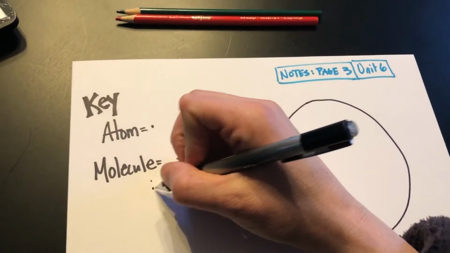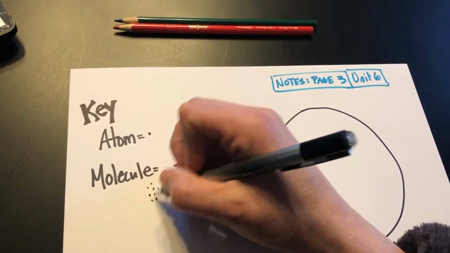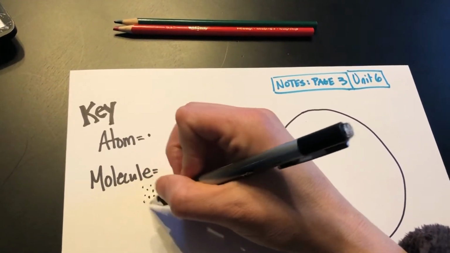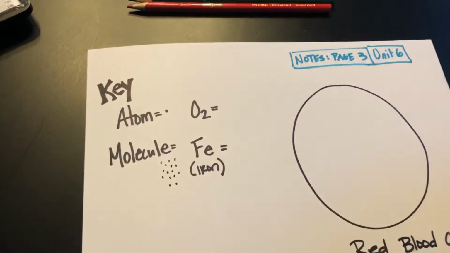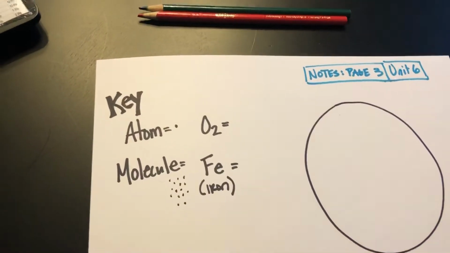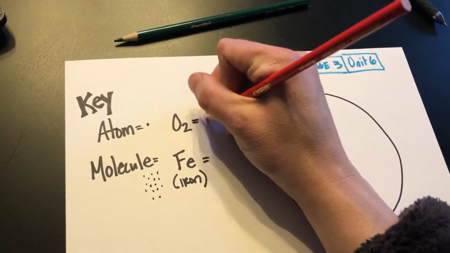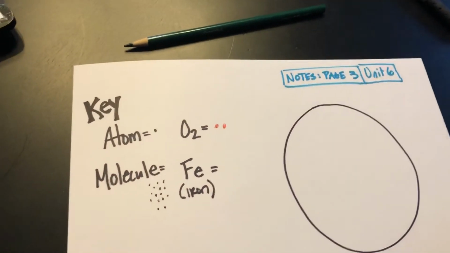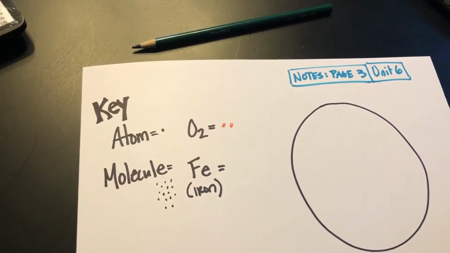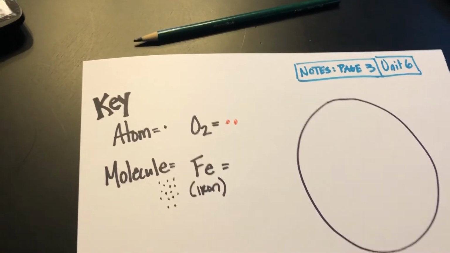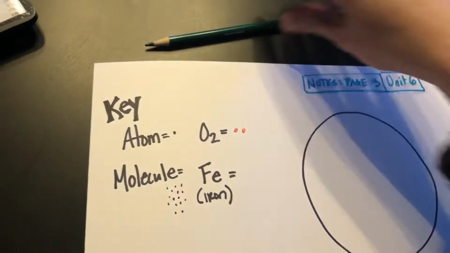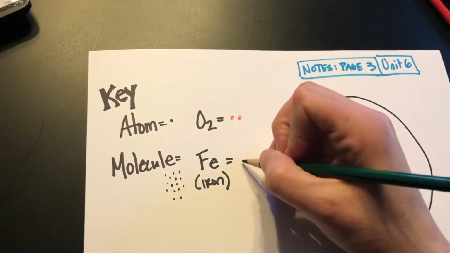So a group of dots, and we're not really showing the bonds or any of the fancy science stuff because this is just health class. A group of atoms together would make a molecule. So oxygen is actually a molecule, and it has 2 oxygen atoms, and we're going to make them red. In real life, obviously they're not red because the air is not red, but red just represents oxygenated blood. And then iron is going to be one atom.